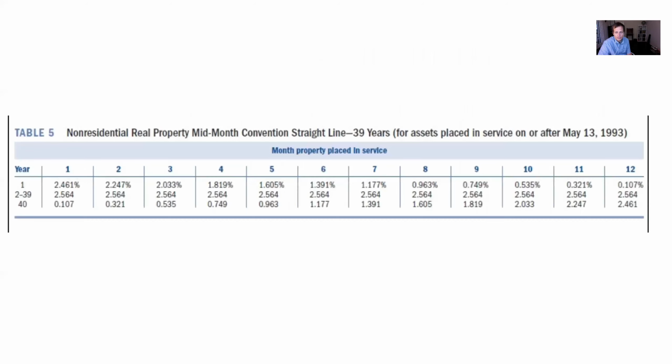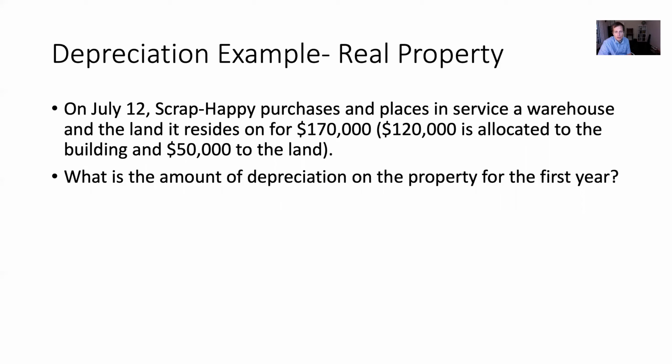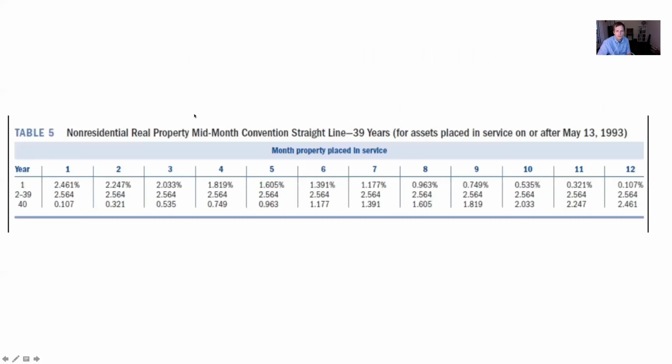Let's see, so a warehouse, right? It's non-residential, so I'll look at the non-residential table. And the only other thing I need to know is, if I go back, when was it placed in service? On July 12th. So July, the 7th month, the percentage that I'll use is 1.177%.